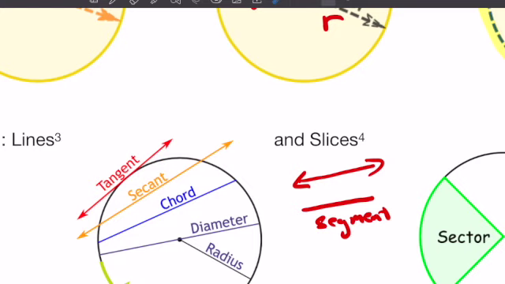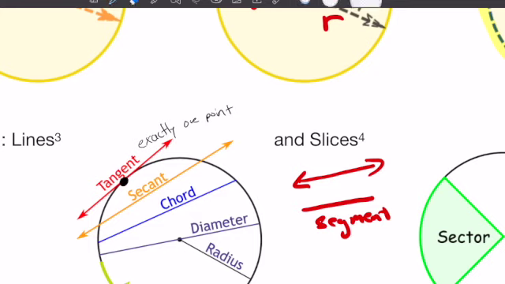A chord is a line that touches two edges of the circle but does not extend beyond. A secant is a line that touches the circle in 2 points and continues on outside the circle. And a tangent is a line that touches at exactly 1 point. If we were to make comparisons, we might compare chords.